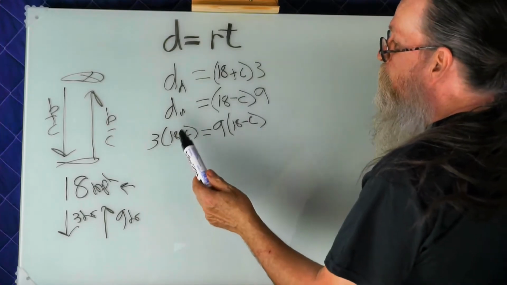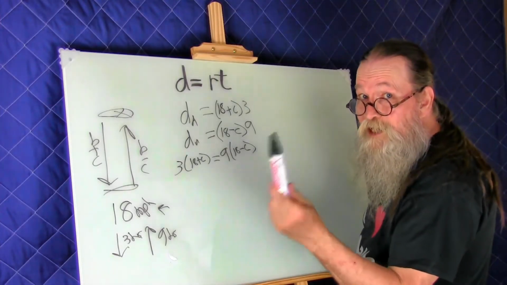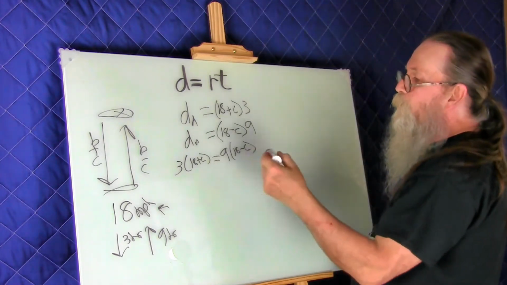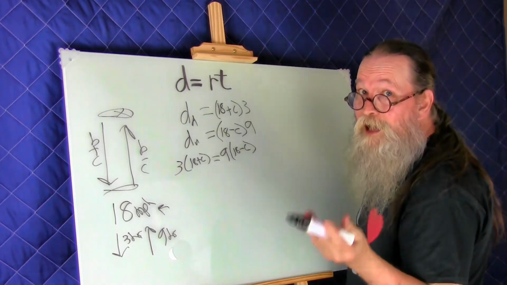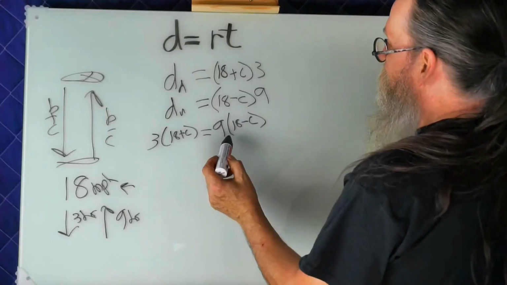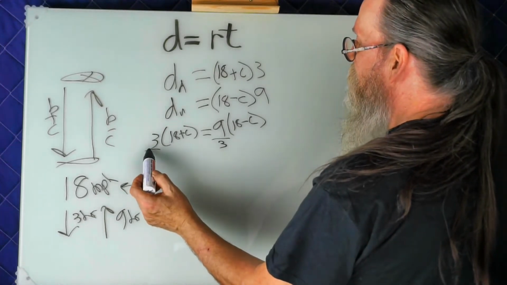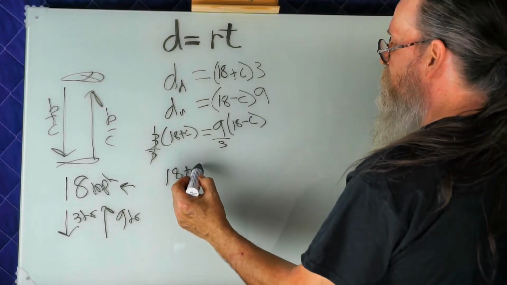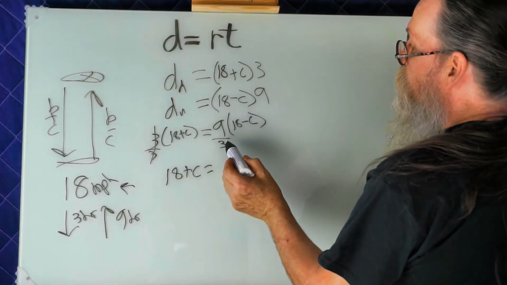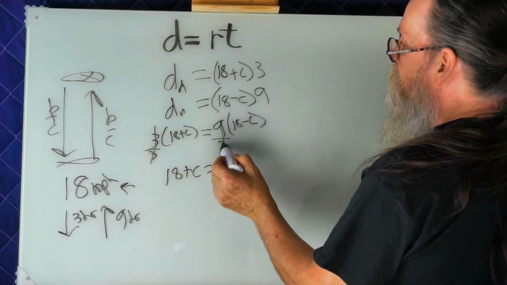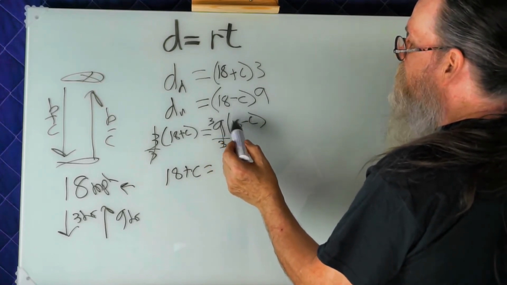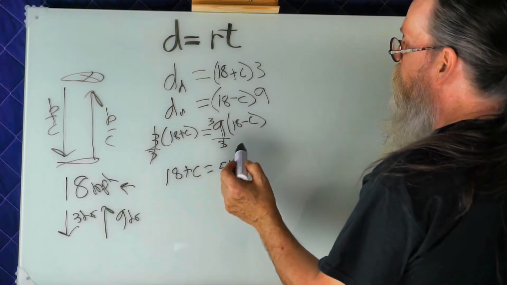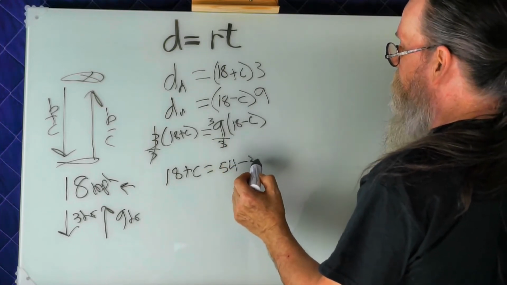And that's the key in math equations, is that you need to get your equation with just one variable so that you can solve for that. So again, a lot of ways we can do this. I like doing math simple. Divide by 3, divide by 3. 18 plus C equals, so we can multiply, 9 over 3 is going to be 3. 3 times 18, 3 times 8 is 24, carry the 2, 54 minus 3C.